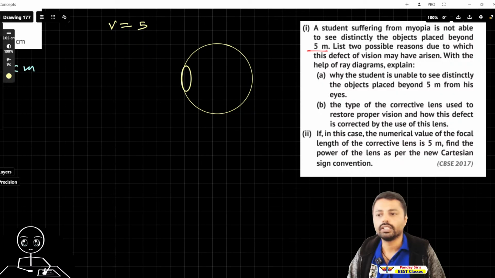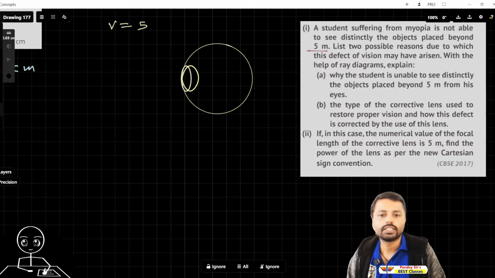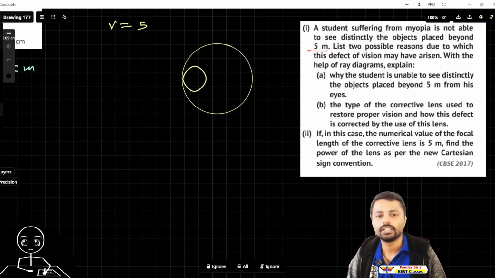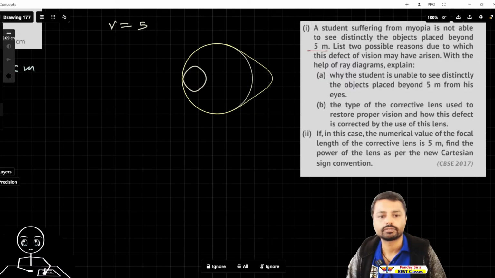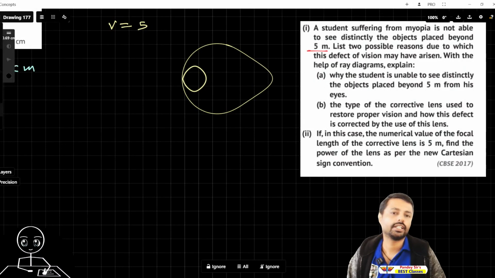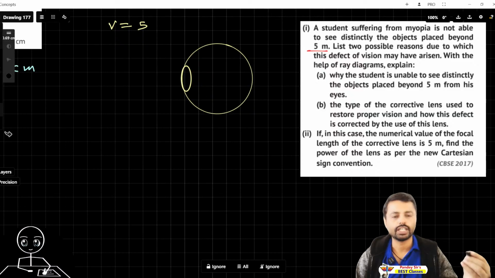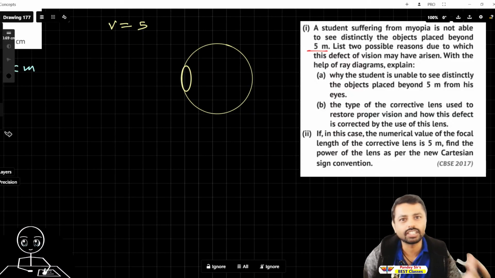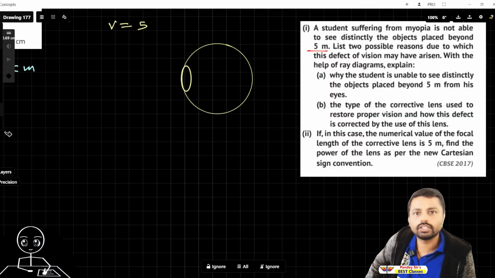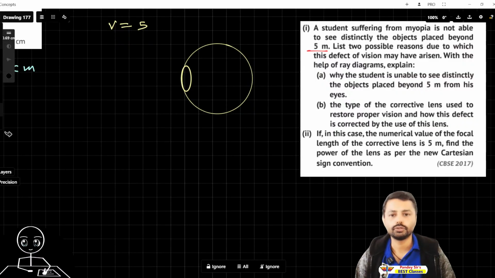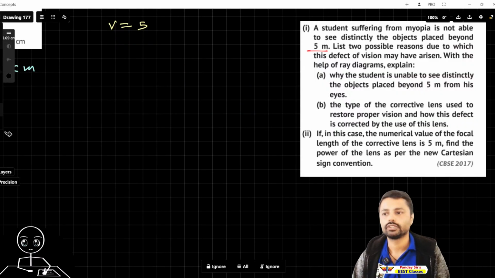But in these defects, what happens to the lens? It becomes excessively curved, and sometimes even the eyeball gets long, and due to that we get the issue. It's also due to not enough exercise and not enough nutrients, as I said earlier. So that is the answer.